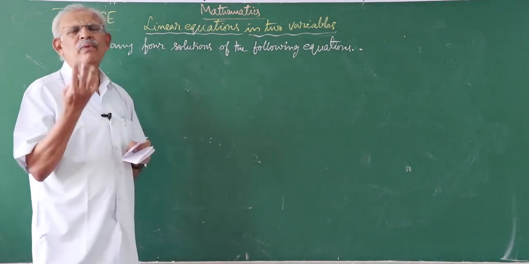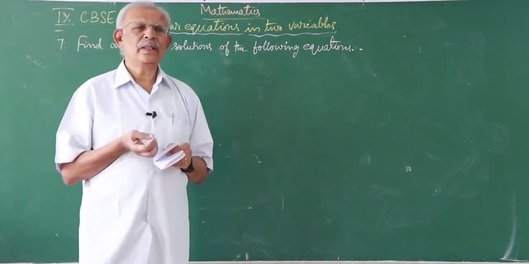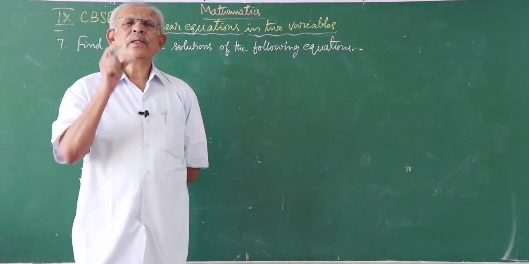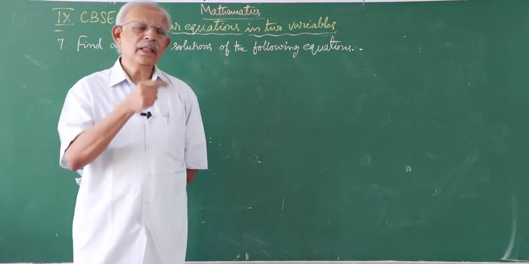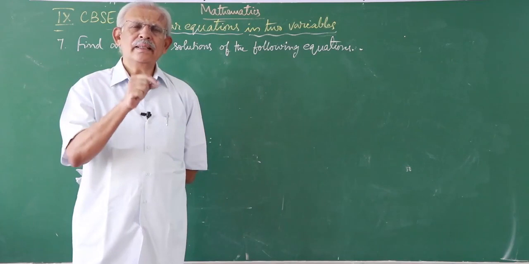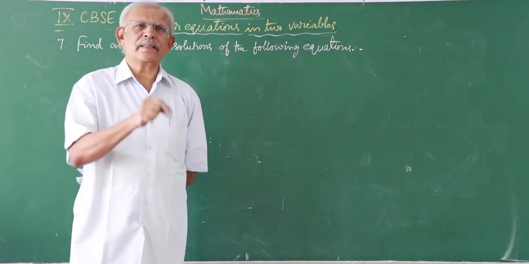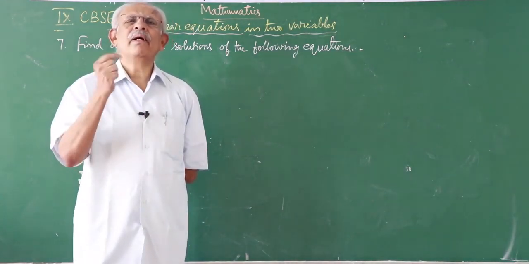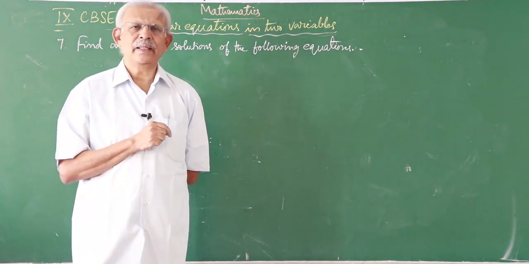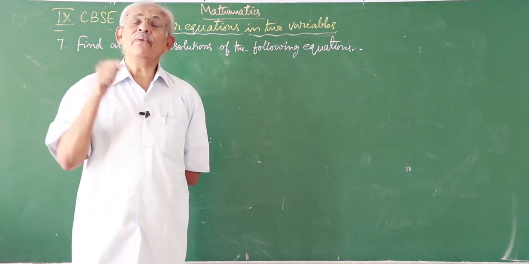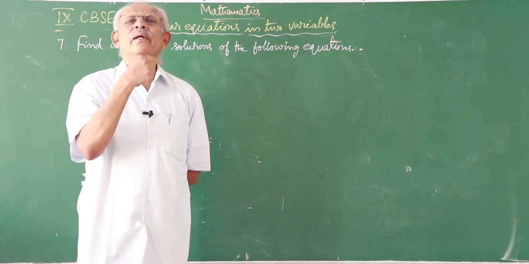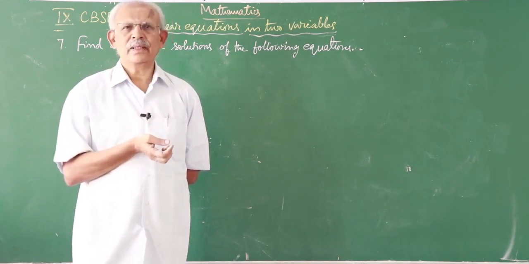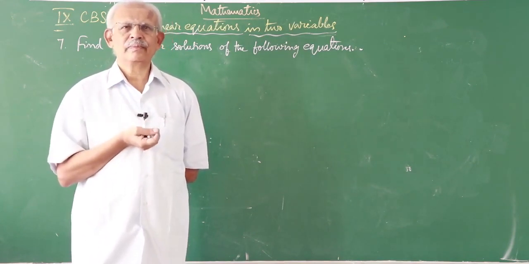In order to find 4 pairs of solutions, you take the given equation, assign some value for x, and find the corresponding value of y. Or else, if you give a value for y, you can also find the value for x. In this way you can do.